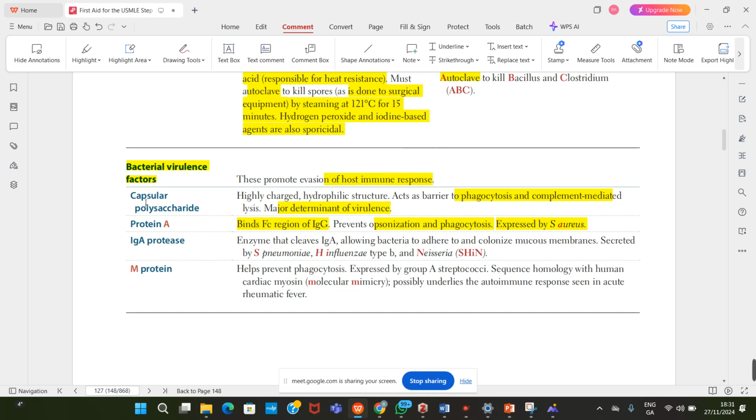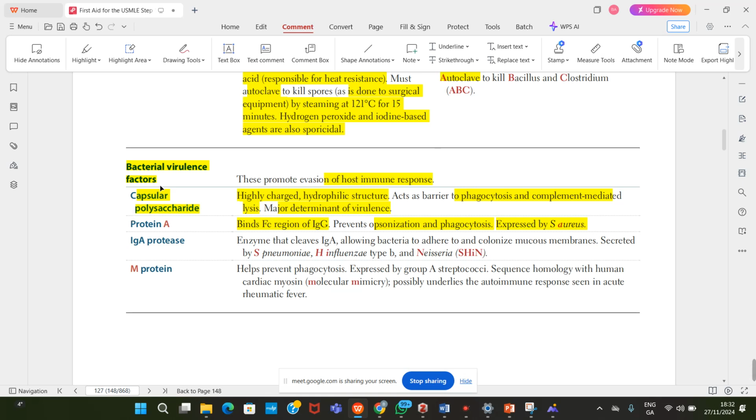The most important one there is the capsular polysaccharide, which we have talked about. You see, we are mentioning it again. It is a highly charged hydrophilic polysaccharide that helps to prevent phagocytosis as well as complement-mediated lysis. So the complement cannot lyse them, and it also offers resistance against macrophage phagocytosis. So that is a major one. It is the number one.